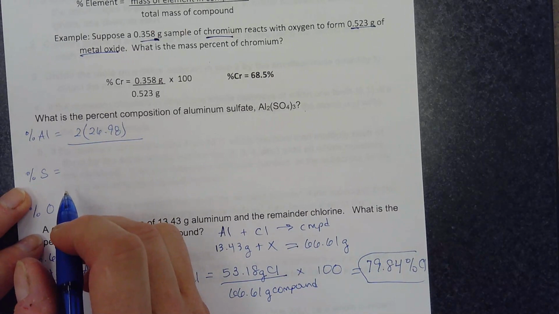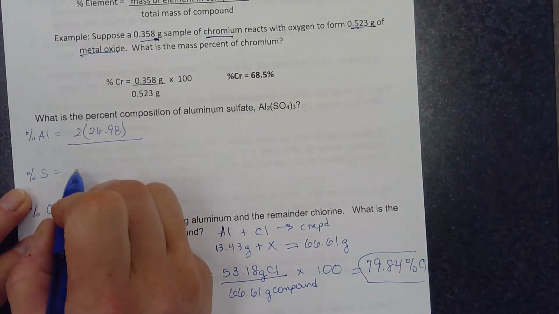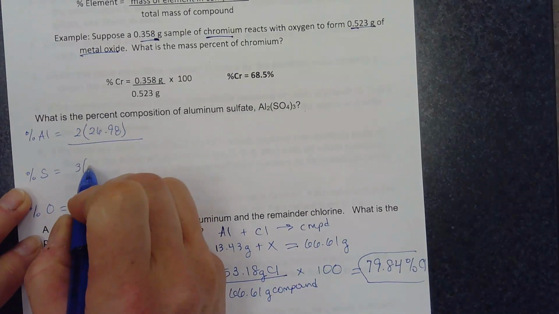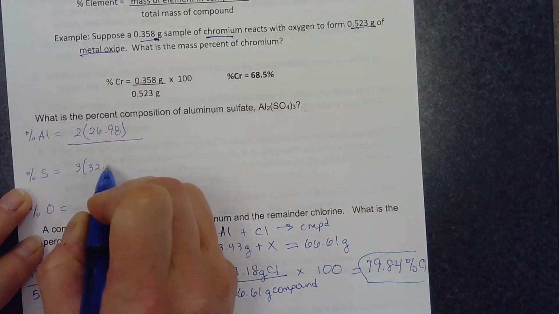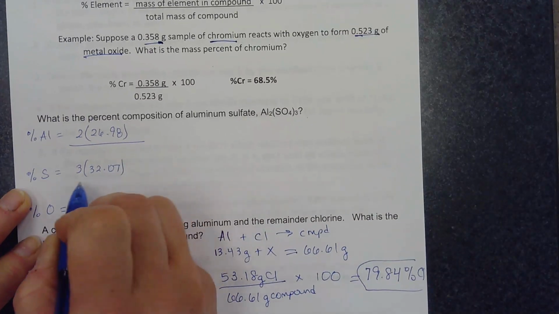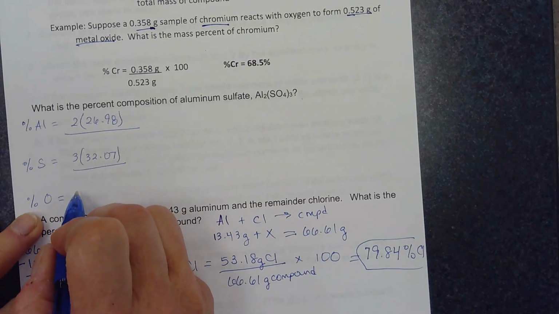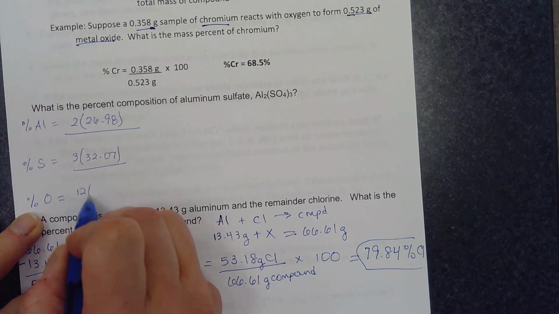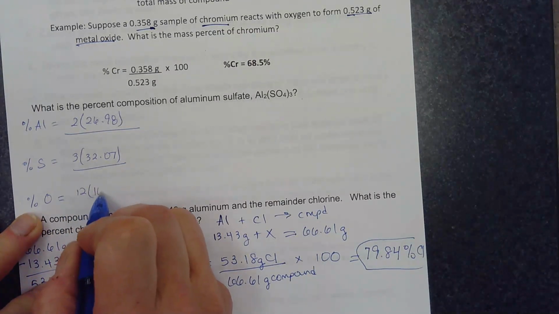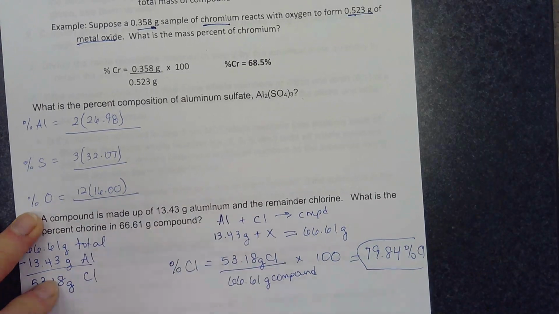What's percent of sulfur? 3 times what? Good, divided by, and oxygen is? How many? 12 times 16 divided by.